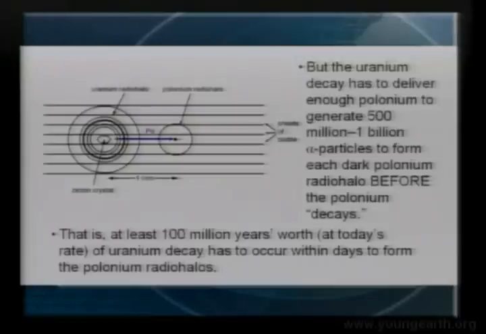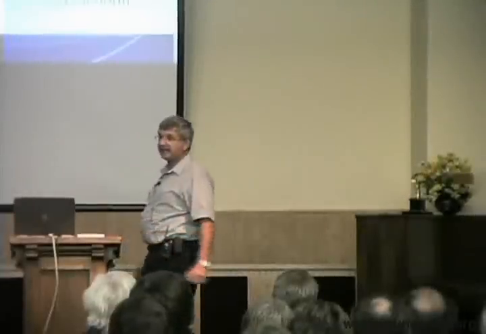That is at least 100 million years worth at today's rates of uranium decay that has to have occurred within days to produce all the polonium before it decays to form the polonium radiohalo, before the polonium was all gone. You follow what I'm saying? These two radiohalos have to form side by side at the same time.